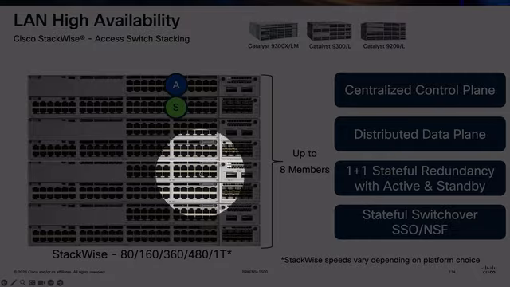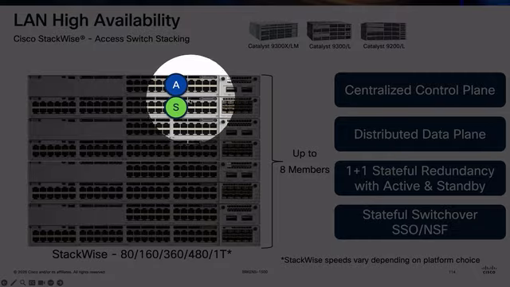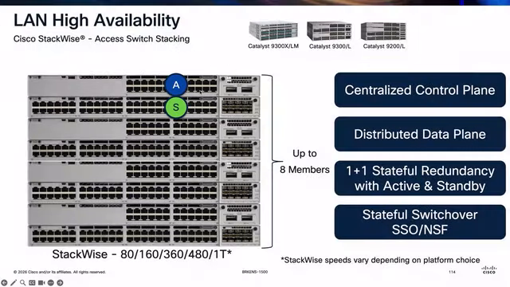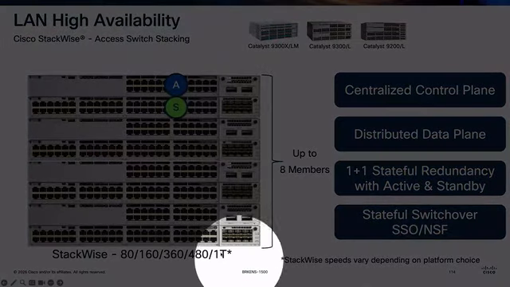switch data plane takes part in switching packets. So you're basically making sure that you only have one control plane device. So you're controlling one device, configuring it through one IP address. You're managing this device through one IP address. However, you've got 8 switches switching packets, and you can achieve up to 1 terabit of total throughput, as you can see at the very bottom.